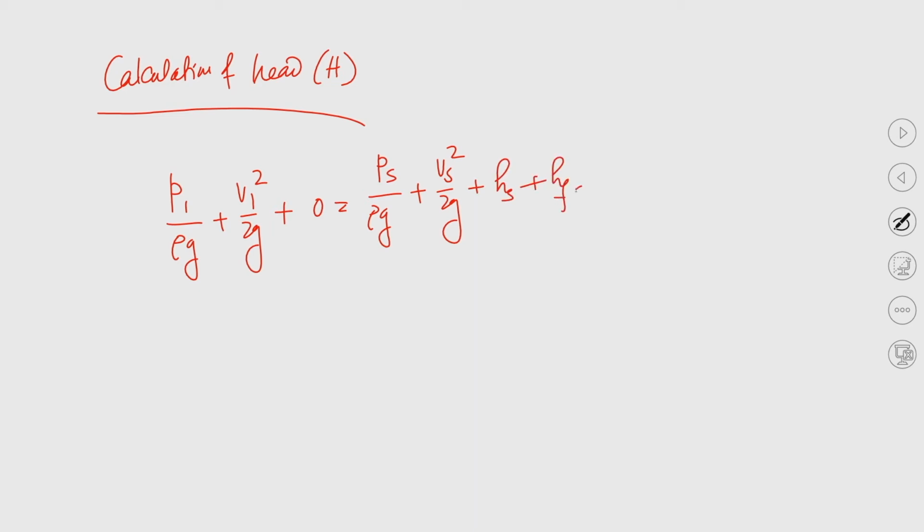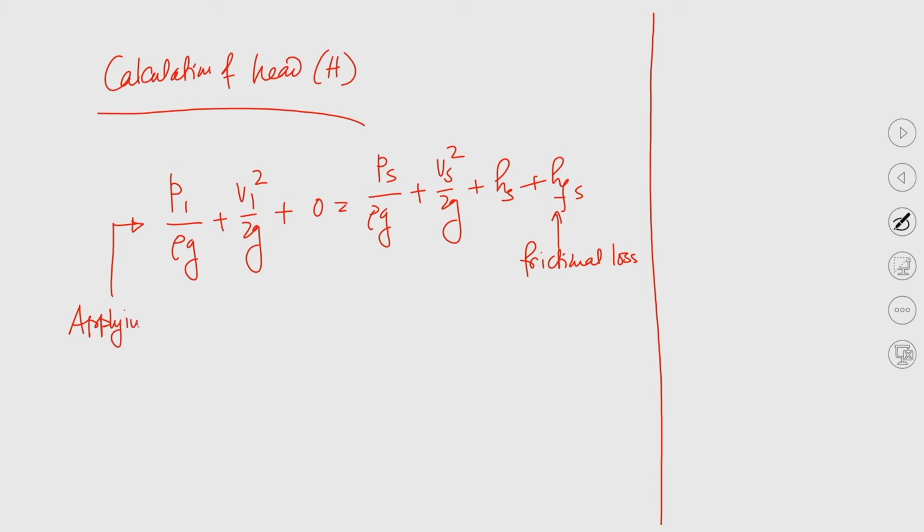the frictional loss. So this is the frictional loss, obtained if we apply the steady flow energy equation between points 1 and S, and if we take that datum, then this will be equal to 0.